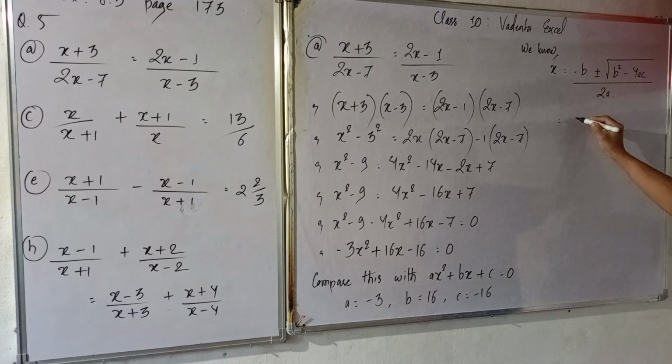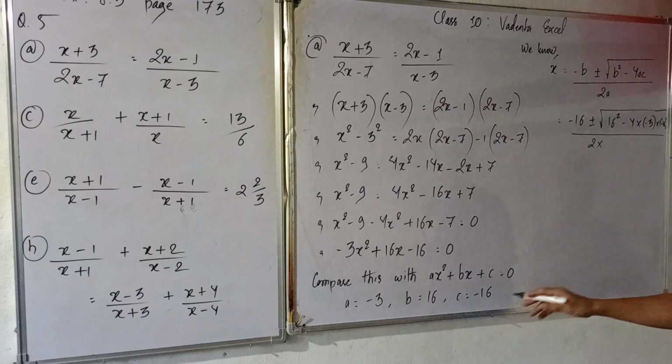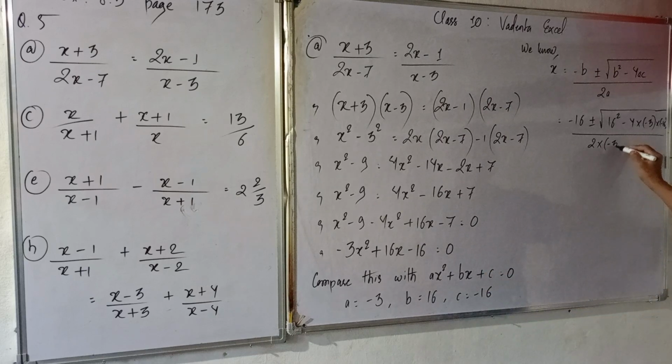Minus b, minus 16, plus minus under root b, we have 16 square, minus 4 times a, we have minus 3, and c we have minus 16, divided by 2 times a, we have minus 3. Now you can use the calculator.